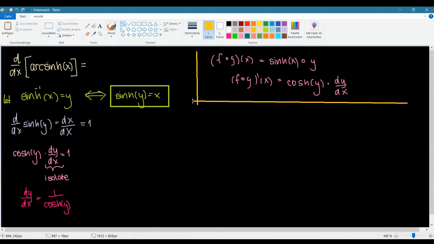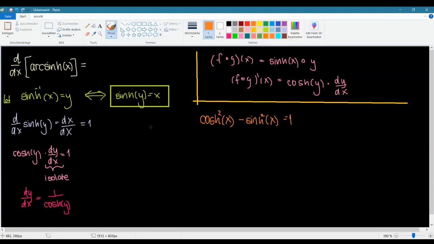Basically, we're going to look at hyperbolic cosine x squared minus hyperbolic sine x squared equals 1. We know that this is true. We actually calculated it in another video.